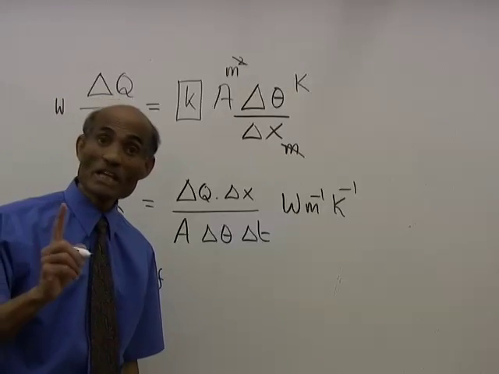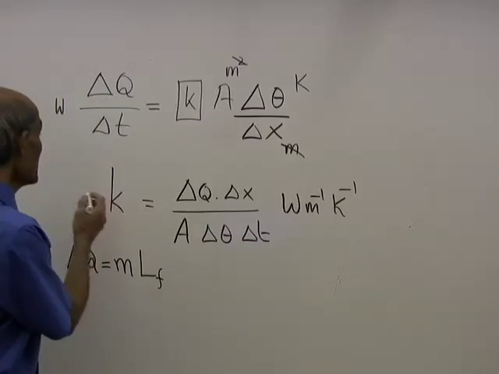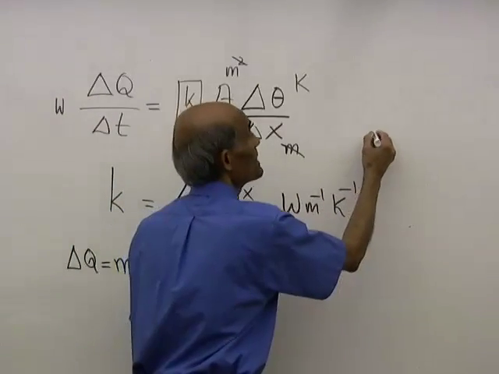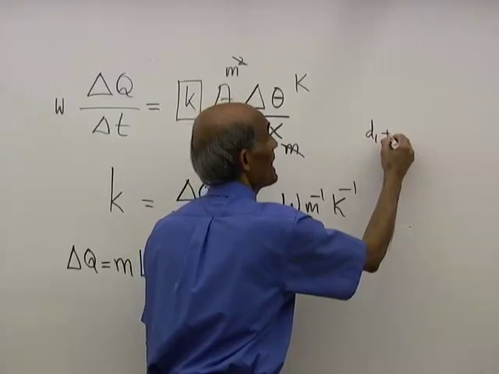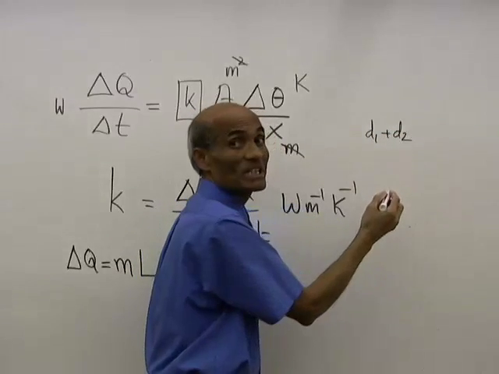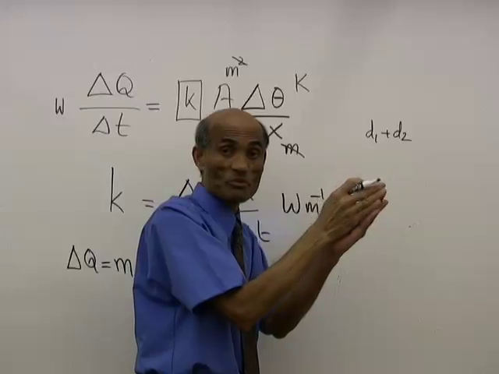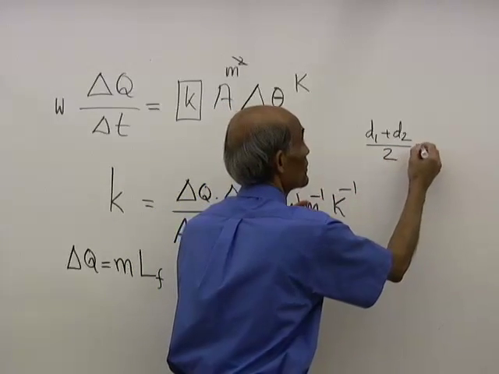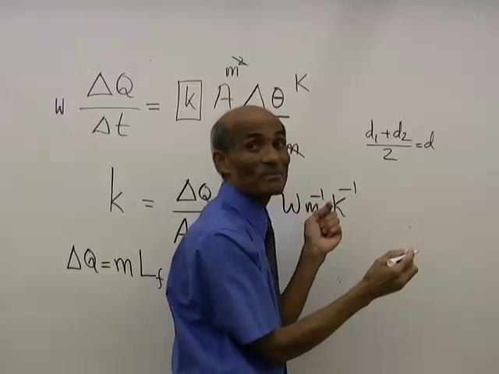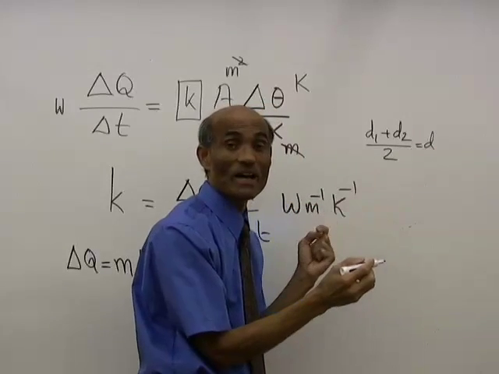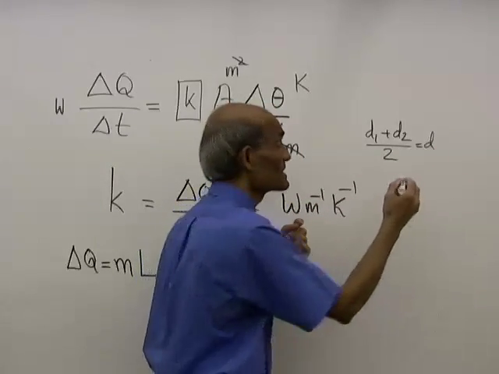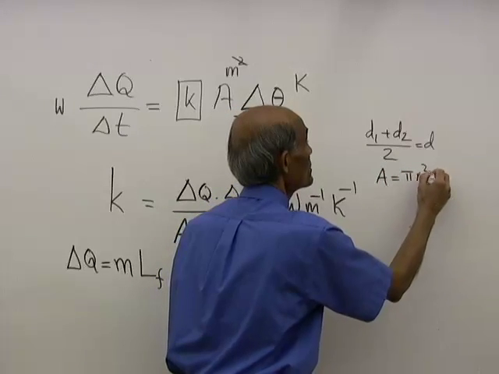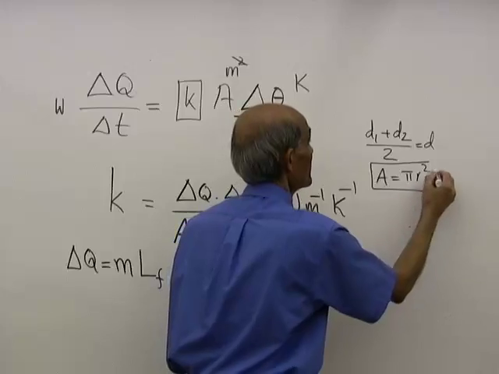Now you have for each sample a diameter D1 and a diameter D2, that is before and after. Take the average of that, that will be the average diameter, and half of that will be the radius, and calculate the area as A equal to pi r squared.